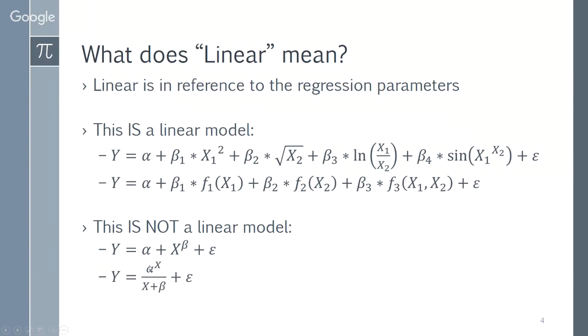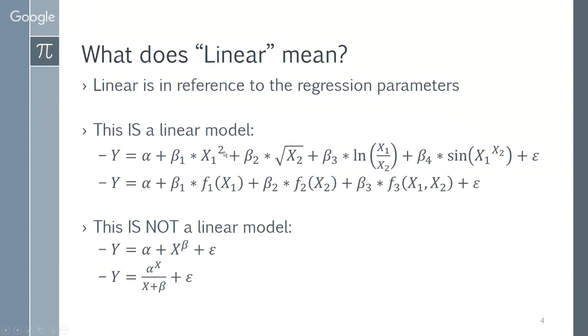So this is not a linear relationship. They're being divided by each other. Same thing here. One of these regression coefficients is actually the exponent where the explanatory variable is the base. That's not linear either. Linear is something like this, where the regression coefficients are being multiplied by something, but then are all just being added together. So this is what linear is.